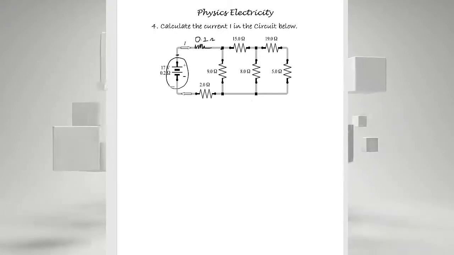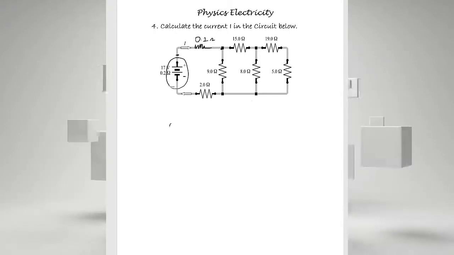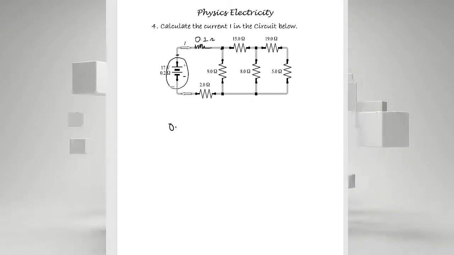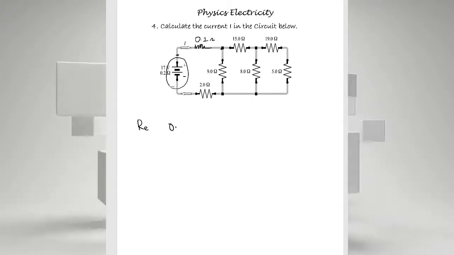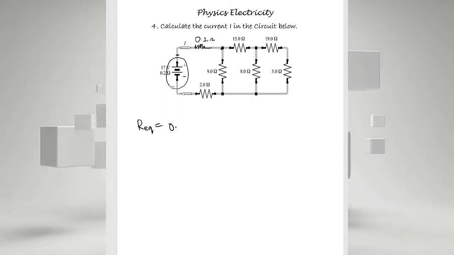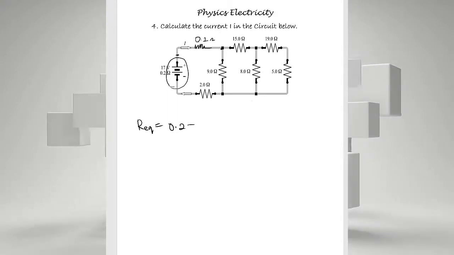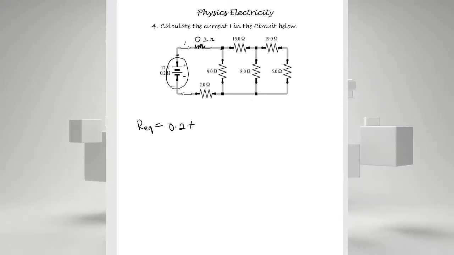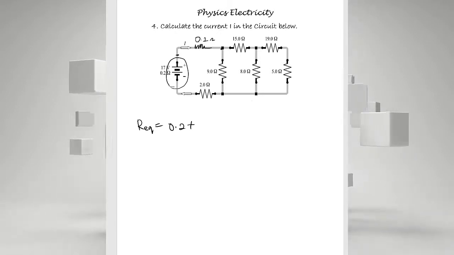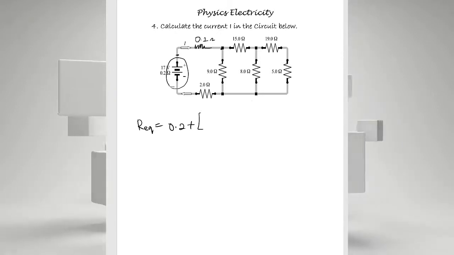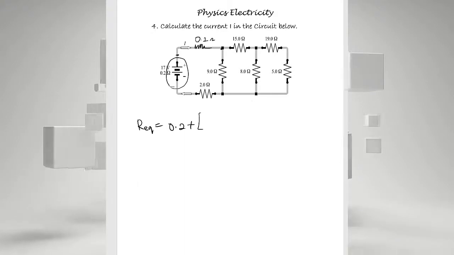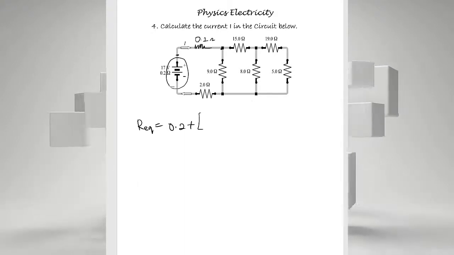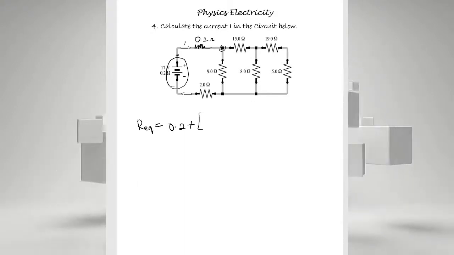And now we can write our R equivalent to be equal to 0.2 in series to the rest of the circuit. I'll just put a bracket there. Then we have a node there.